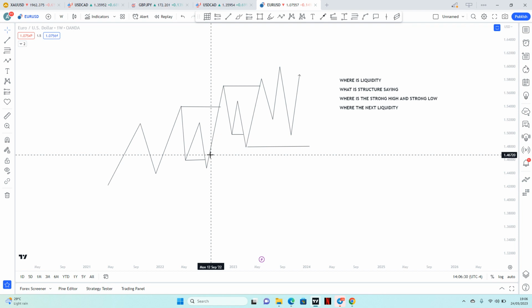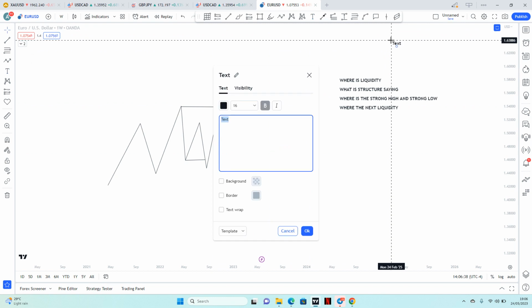For the purpose of this class, as we are talking about institutional order flow, the IOF, we should be talking about the order blocks, the breaker blocks, and the rejection block.